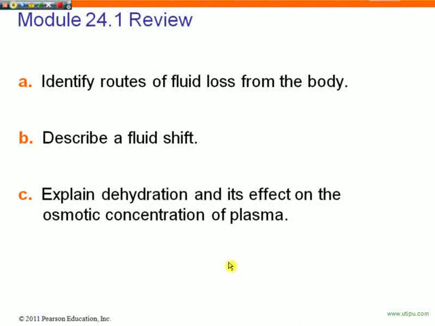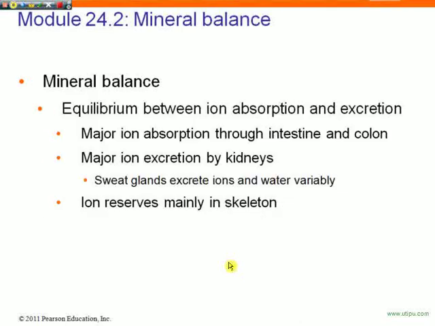So routes of fluid loss from the body, you have sweat, you have feces, respiration, urination is the greatest. Your body also wants to maintain balance between minerals, and there's an equilibrium between the ion absorption and ion excretion. Your body controls these very precisely.